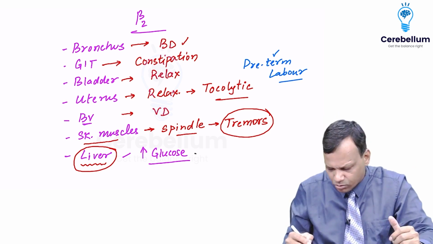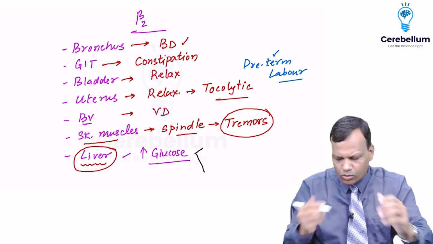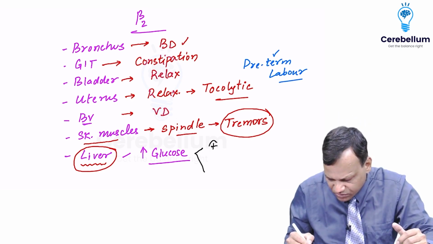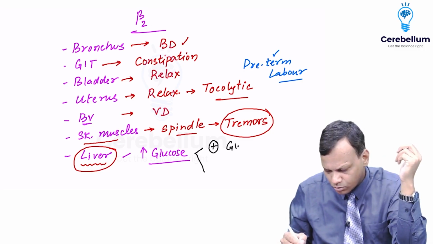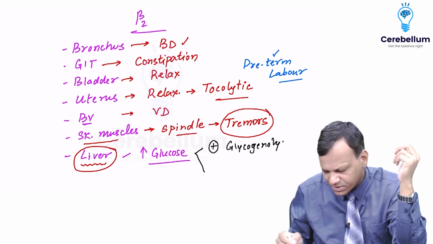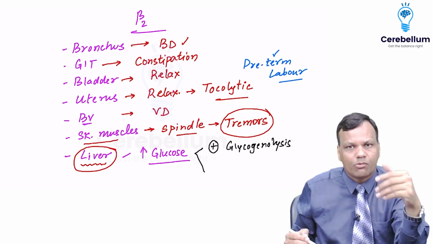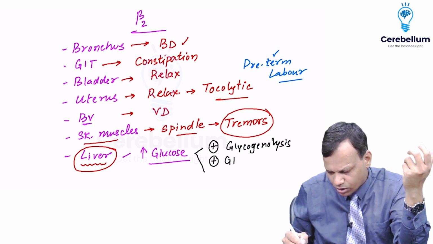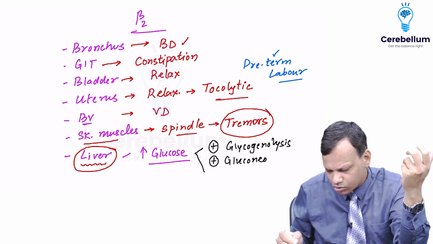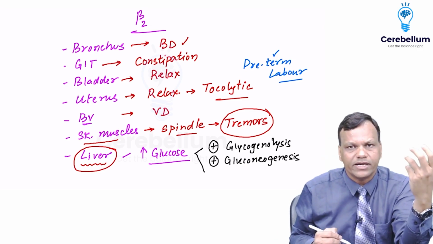And how does it increase blood glucose? Beta 2 stimulates the processes which form blood sugar, like glycogenolysis. The glycogen present in the body is metabolized to form glucose. Second, it stimulates gluconeogenesis, so the formation of glucose from non-carbohydrates is stimulated.